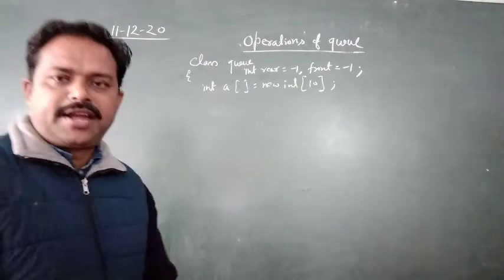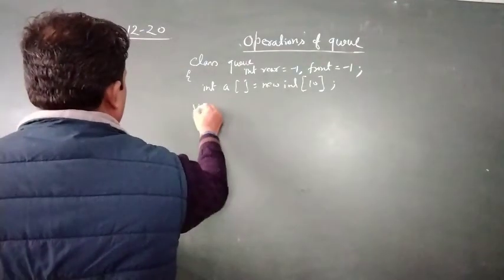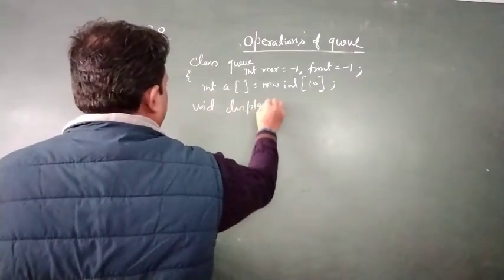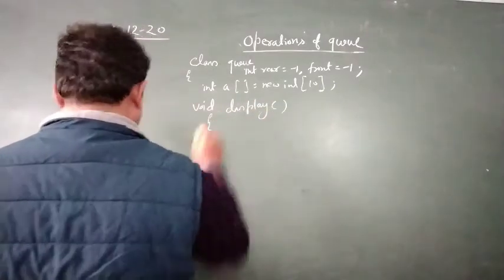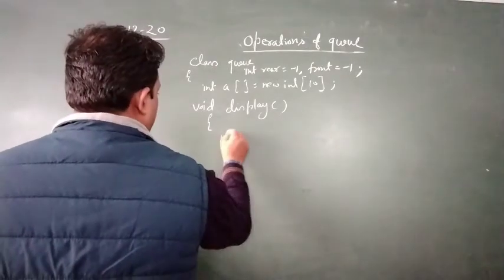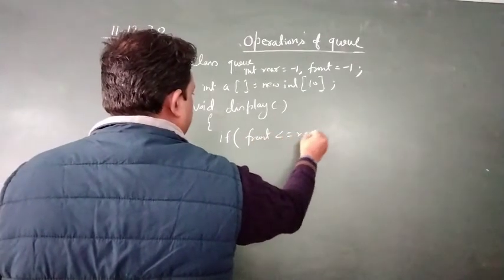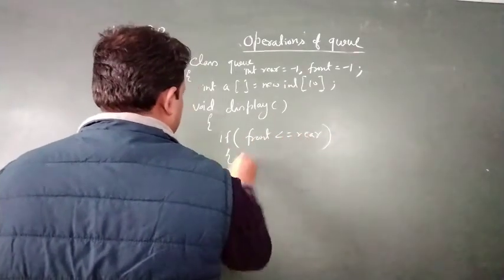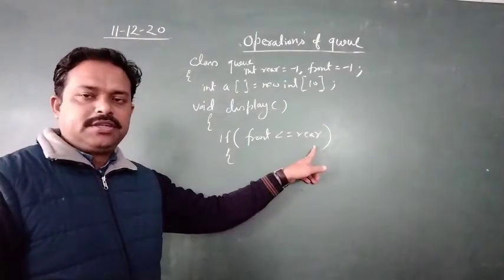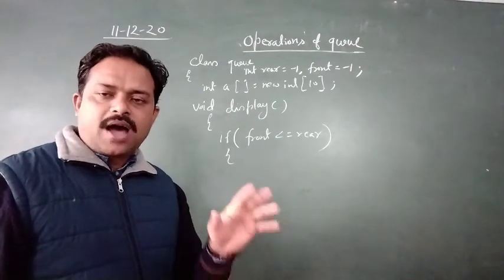Now let us make the next function, void display. If front is less than or equal to rear, it indicates that elements are there.